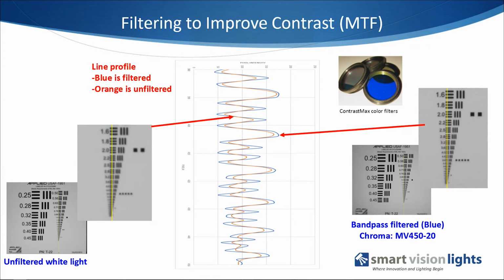In every case, as you're crossing the resolution bars, the blue line goes higher in the white value and lower in the dark value. And again, the contrast is the difference between those two values. So we're getting much more transmission and contrast through the system using the blue filters by just eliminating the chromatic aberration.